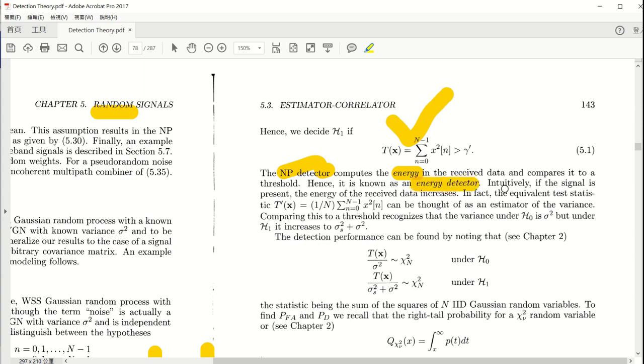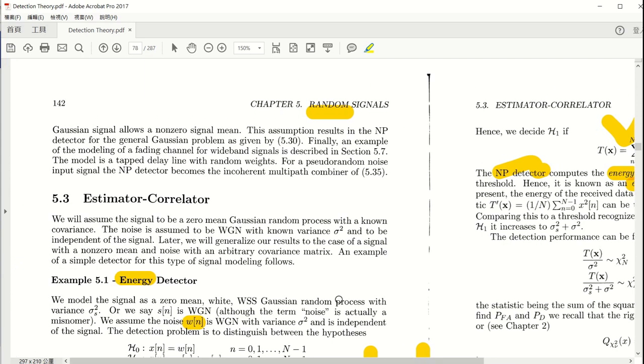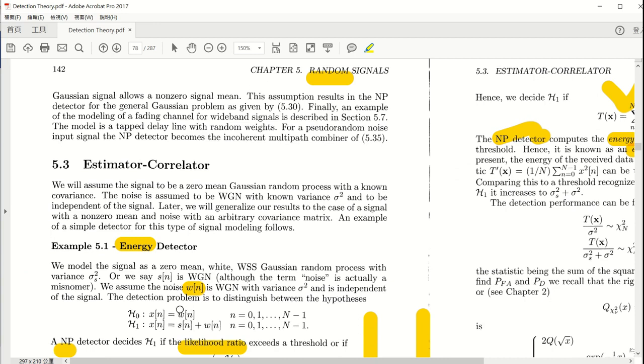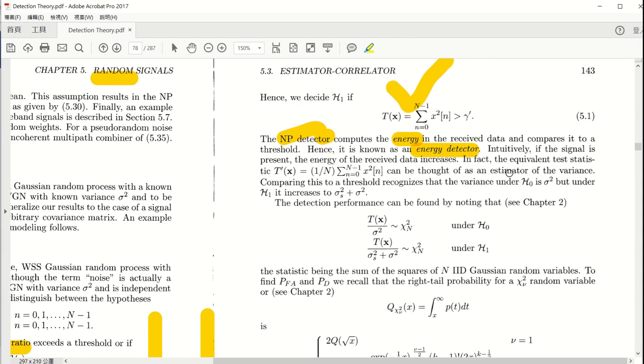And intuitively, if the signal is present, the energy of the received data increases, right? Let's take a look back here. If you take the energy of this thing as opposed to the energy of this thing, which energy is going to be larger? You can expect H1 to have larger energy.